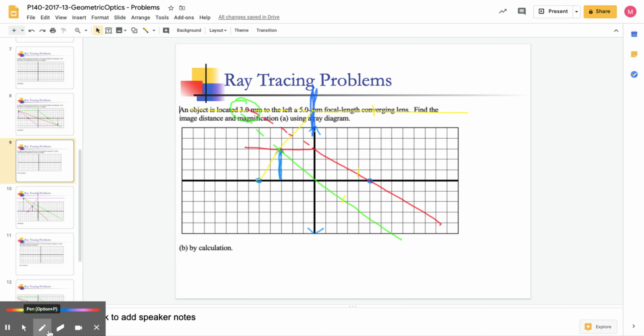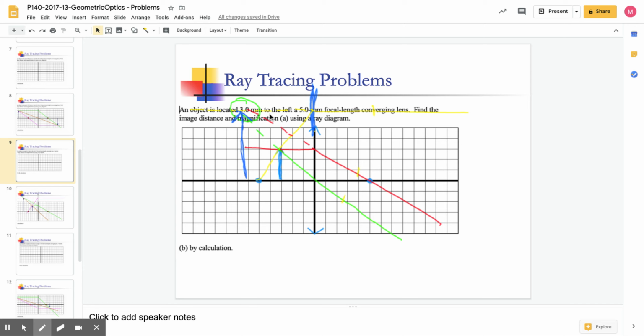So if I pick blue again, and I go to this spot, let's just say it is right around here. That's where they meet. So that's pretty interesting, that it meets behind the lens, right?